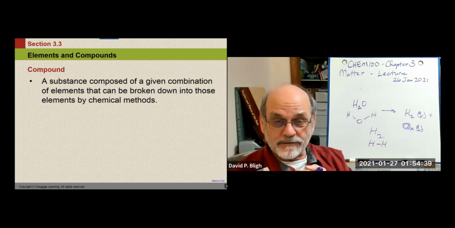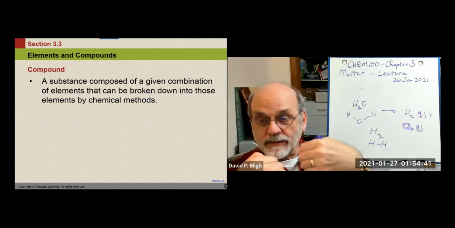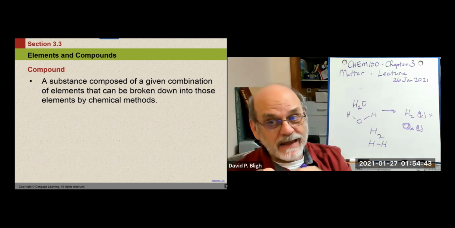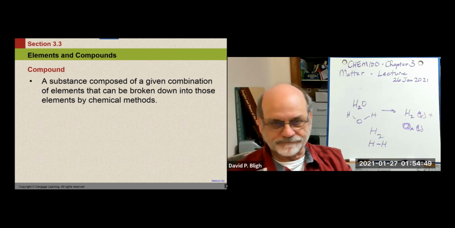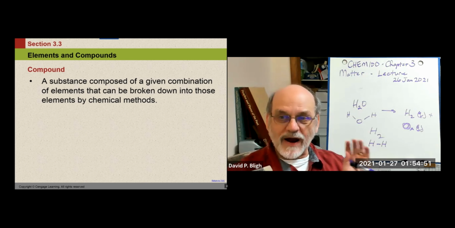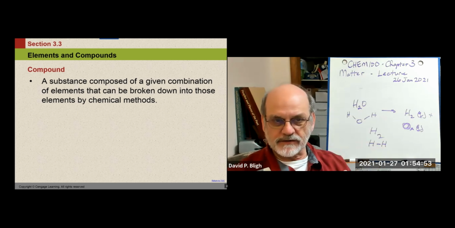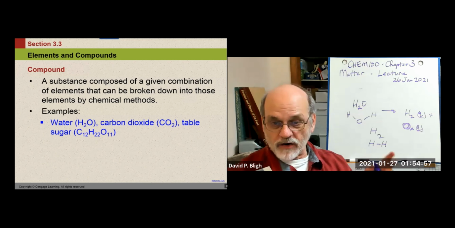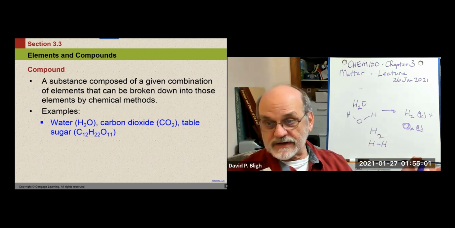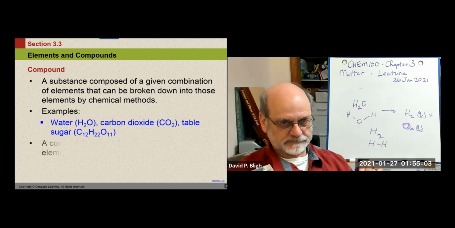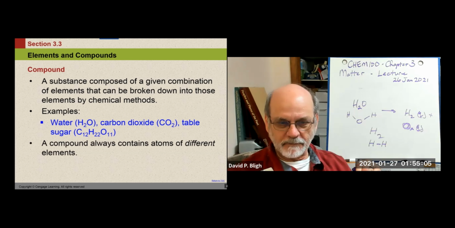If you have atoms bound together and they're the same element, then you don't have a compound. You still have an element. So it requires two or more different elements to make a compound. Water's an example, carbon dioxide's an example, table sugar's an example. It has to have different elements to be a compound.